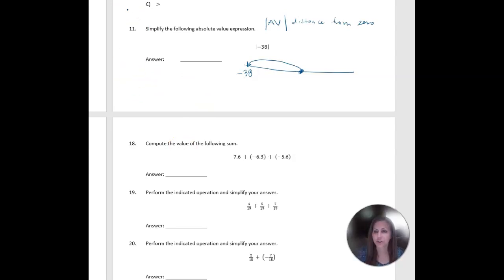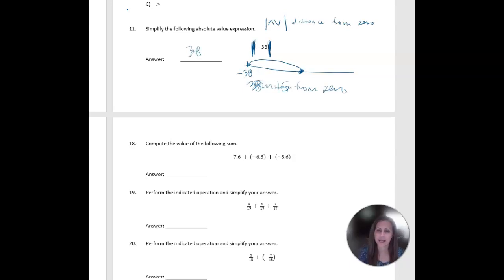So this is 38. Sorry, that's a 38. 38 units from, I'm losing my mind. 38 units, it should say units, 38 units from 0. So what these vertical bars do is they tell you the distance that number is from 0, which would be 38.